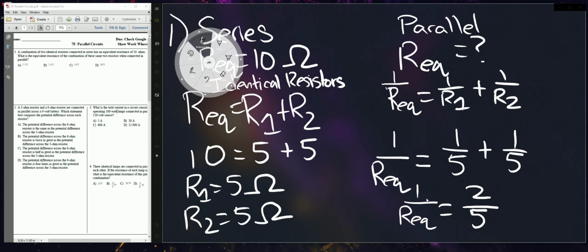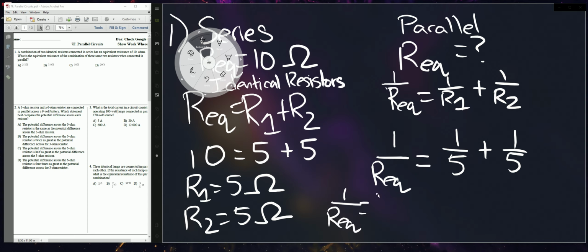Well, how do we solve this? We're going to cross multiply, right? 1 times 5 is 5. So again, 1 over Req is equal to 2 over 5. So you cross multiply: 1 times 5, you get 5. 2 times Req is 2 Req.